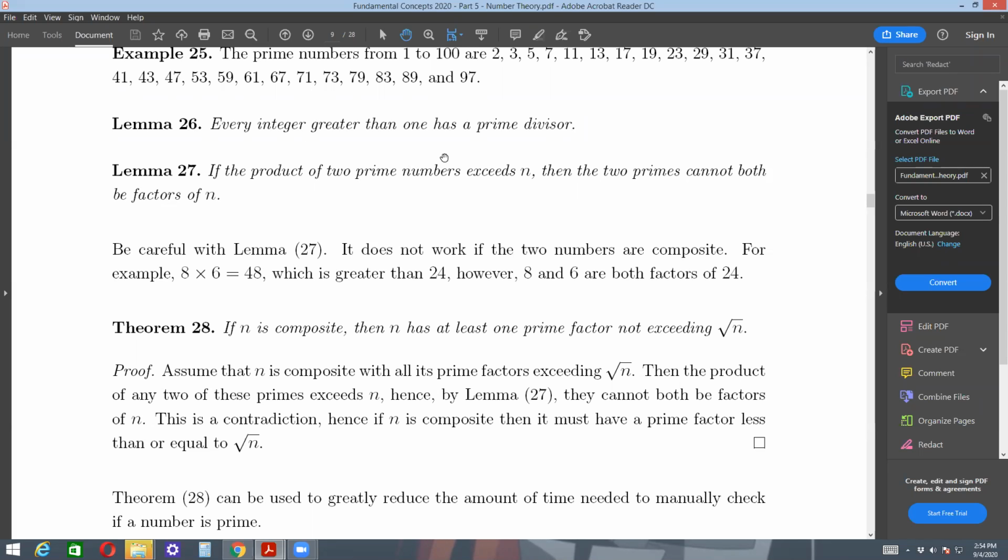But you really do need to be careful about making statements like that, because this only works if they're prime. So there's a note here. If the numbers were not prime, this doesn't hold. For example, 8 times 6 is 48, all right? 48 is bigger than 24, but 8 and 6 are both factors of 24, right? So it doesn't work if they're composite. A lot of these statements only work for prime numbers.